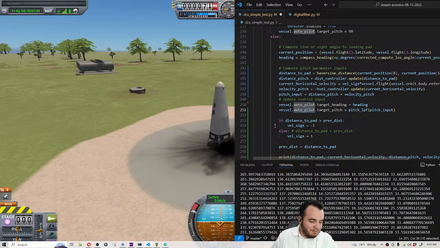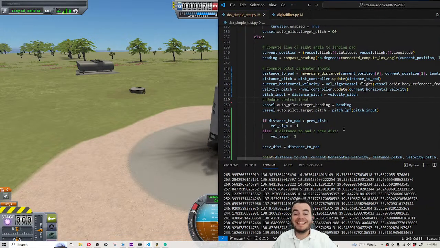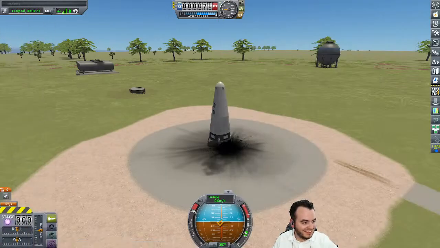It must exist but not be used, I guess. I'd have to look at the Python API for KRPC and see if there is a vessel.targetPitch, but whatever. I don't know. It's weird. See, it's things like this why Python is not for human spaceflight or for human anything. For critical systems.